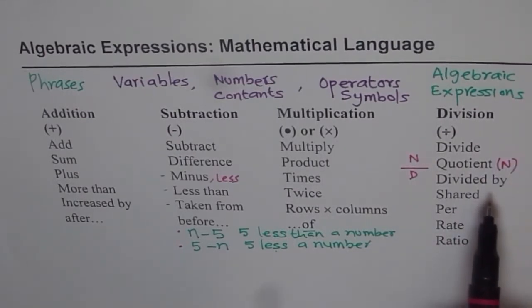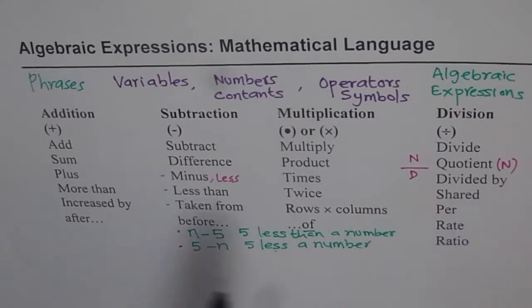That will help you to correctly translate a phrase into an algebraic expression. I hope this helps you understand how to do it. I would like you to go through the practice test videos once again after you go through this list, and then it will make a lot more sense to you.